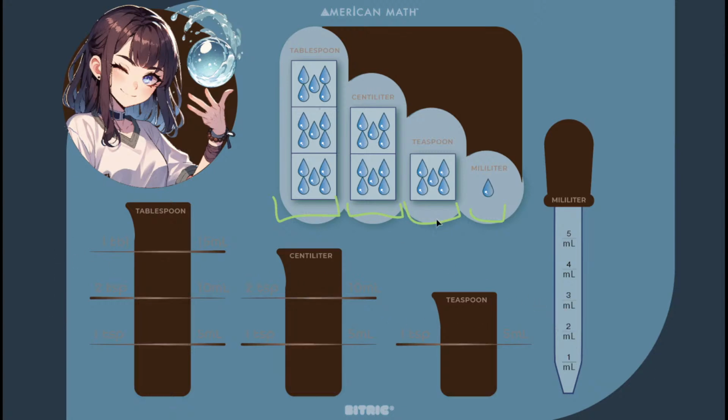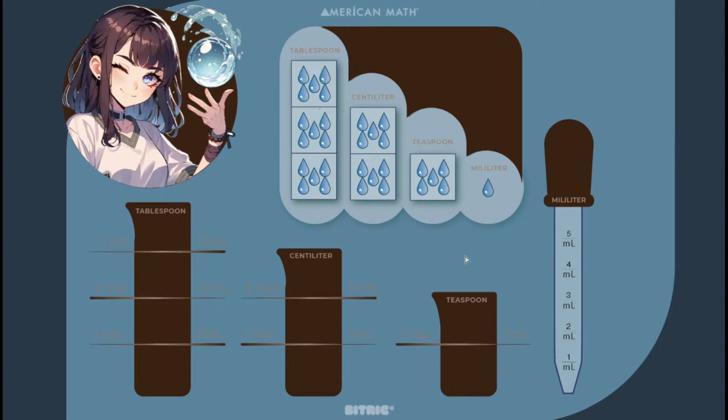And as a reminder, whenever one of these quantities gets full, for example, if we have a full milliliters dropper like this, we're going to do a process called, remind us, Kira, what's the process called? Clear and carry. Very good. We're going to clear out the milliliter dropper and carry in a teaspoon. If you're doing this in real life, we would visualize that as literally pouring the 5 milliliters inside of the teaspoon beaker, which would then give us 1 teaspoon.